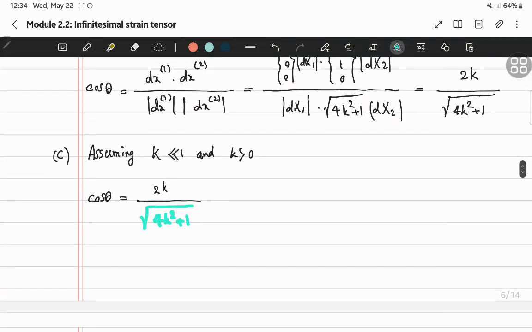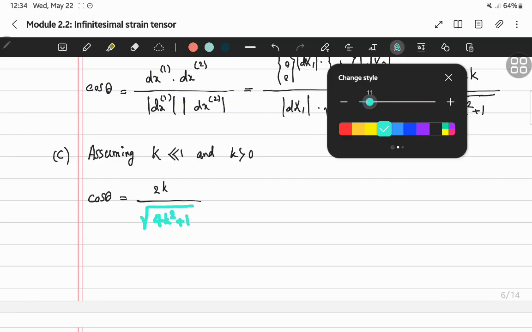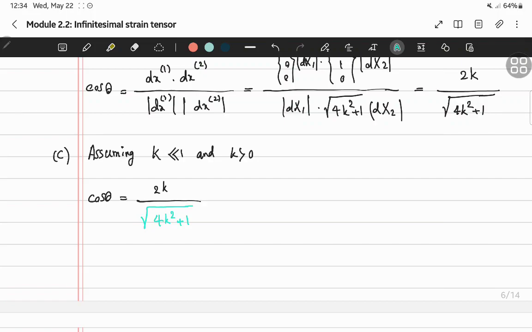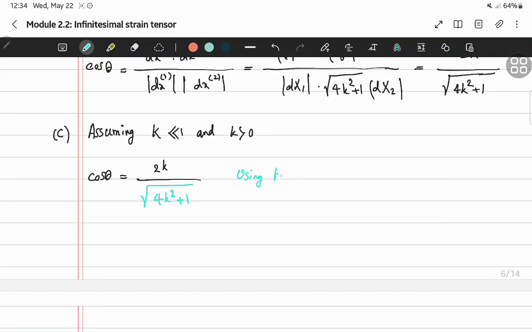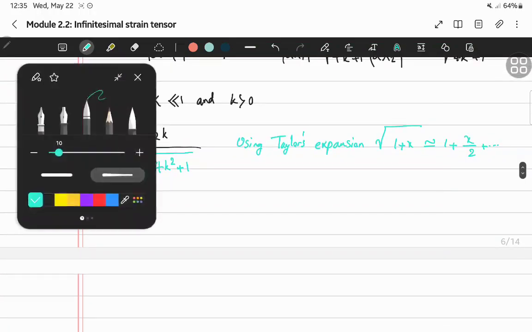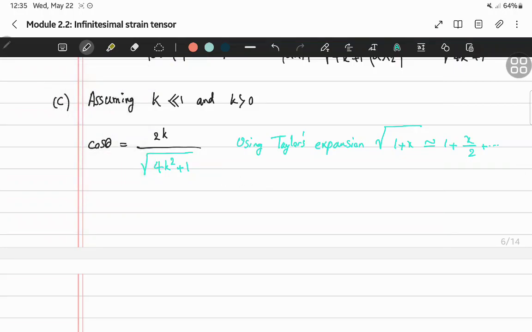So what I can do is use the Taylor expansion for this, where, for example, the square root of 1 plus x is 1 plus x over 2 plus the rest. So I can write this as 2k divided by 1 plus 4k squared over 2, which is 2k squared, plus the rest.